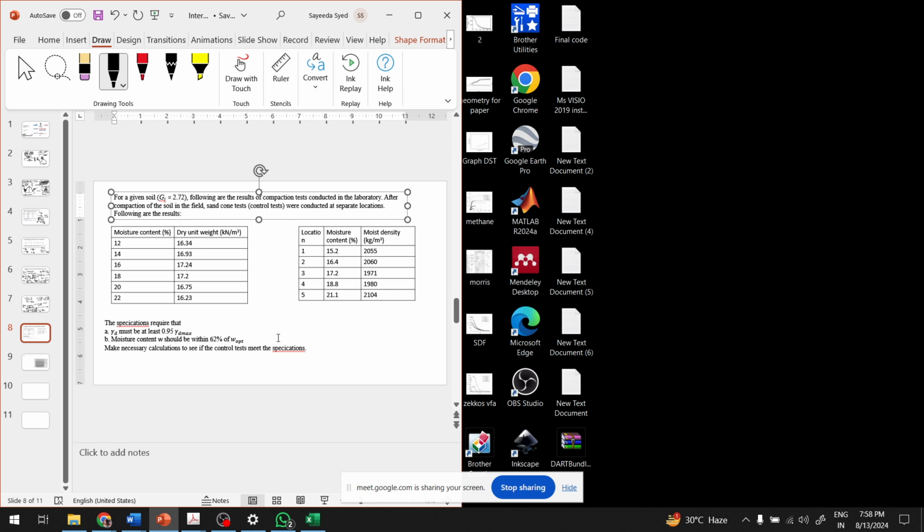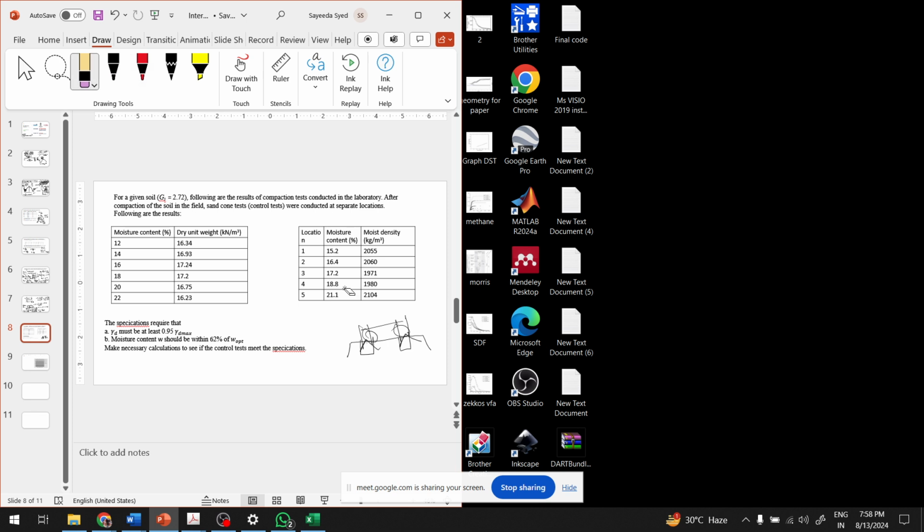So what they are saying is that first we did the compaction, then to check how much compaction has been achieved, we did in situ density tests, sand cone tests at 5 different locations, and from there we wanted to see if our relative compaction is high enough or not.